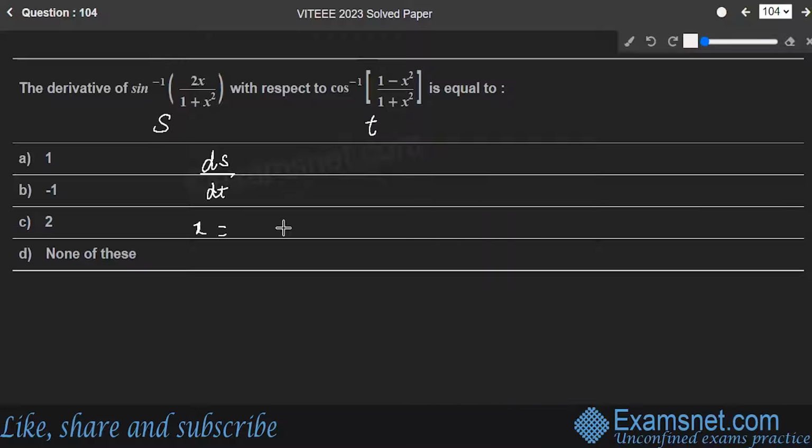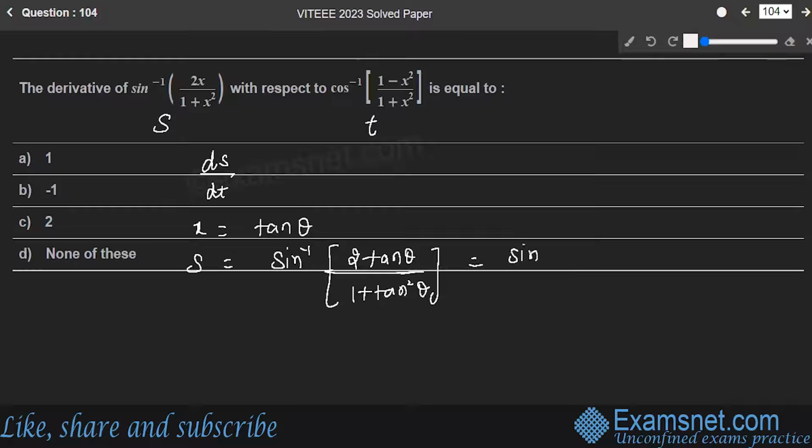So let's put x is equal to tangent of theta. So we get s as sine inverse of 2 tangent theta upon 1 plus tangent square theta, which is equal to sine inverse of, this is the formula for sine 2 theta, or this is equal to 2 theta, which is equal to 2 into tan inverse of x.